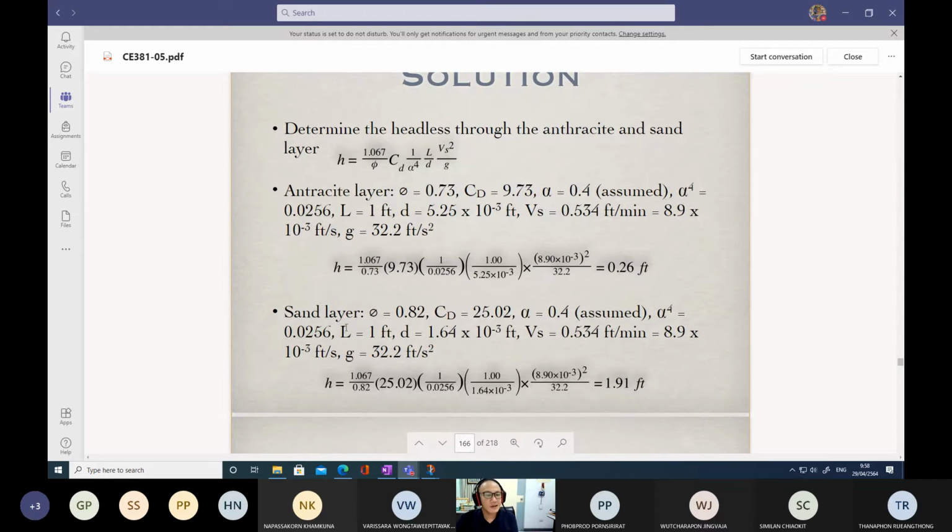Substitute everything into this equation, and finally you will get the anthracite layer head loss of about 0.26 feet. And the head loss due to the sand layer is about 1.91 feet.